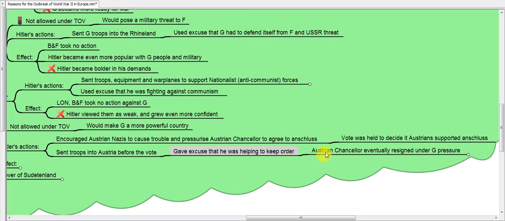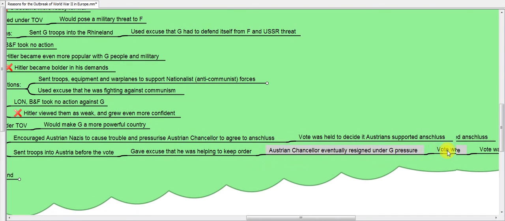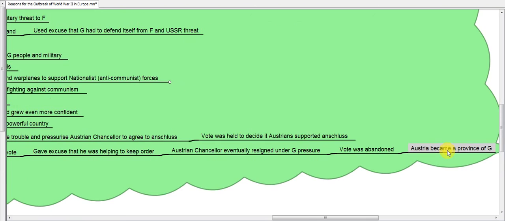And eventually, the Austrian Chancellor realized that this was too sticky and too stressful of a situation. He knew that something bad may come out of it, and he basically eventually resigned under German pressure. The vote was then abandoned, and guess what? Austria became a province of Germany. Okay, so again, Hitler got his way.